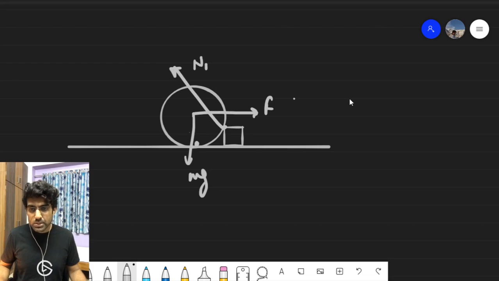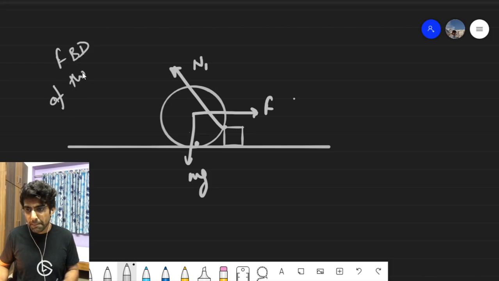It will not be fixed. It will change its direction throughout the course of time, but the point of contact will exert this force n1 on the sphere. So here we have the FBD, the free body diagram of the sphere.